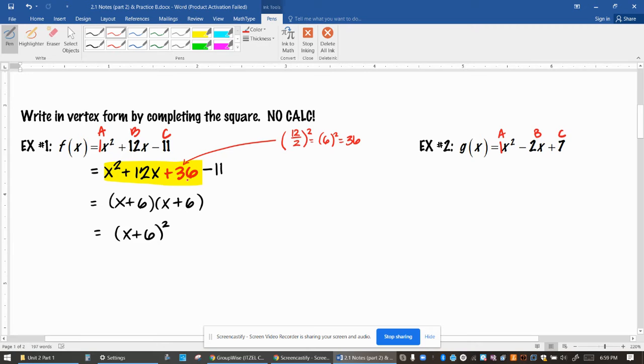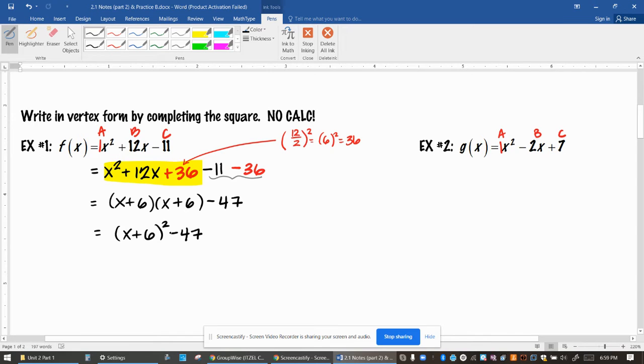I have to undo the 36. So if I added 36, I'm also going to subtract 36. And if I simplify these, negative 11 minus 36 is negative 47.